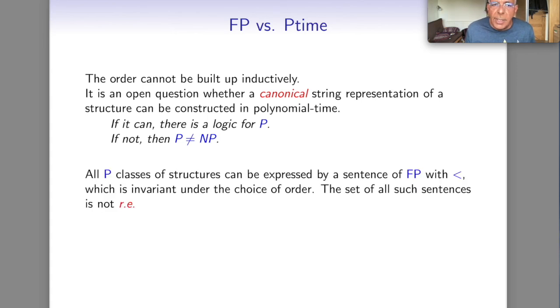Another way of thinking of this is: any polynomial time decidable class of structures can be expressed by a sentence of fixed point logic which uses a linear order as a symbol, but whose interpretation in a structure is invariant under the choice of order. That is, if I give you a structure without an order, like a graph, and I choose two different orders on it, then either both of those expanded structures will satisfy the sentence or neither will.